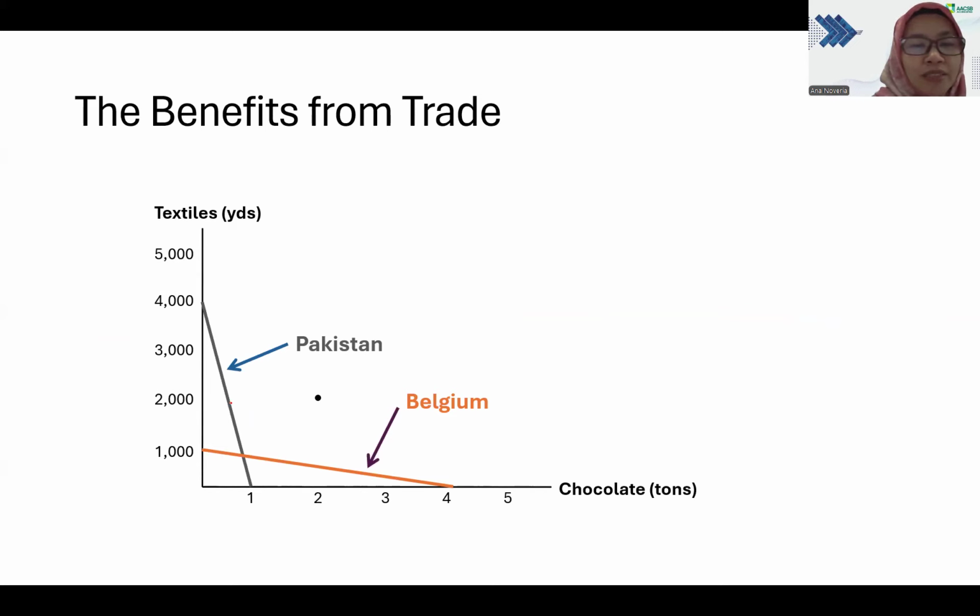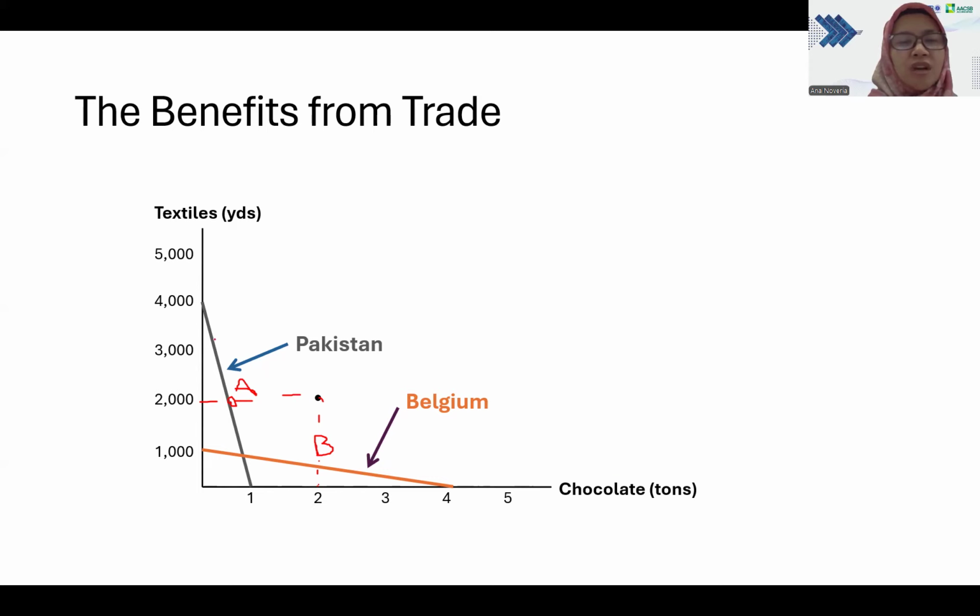Previously, this is point A and point B. Now with the trade, they both consume 2,000 yards of textile and 2 tons of chocolate. So we have this new point here.